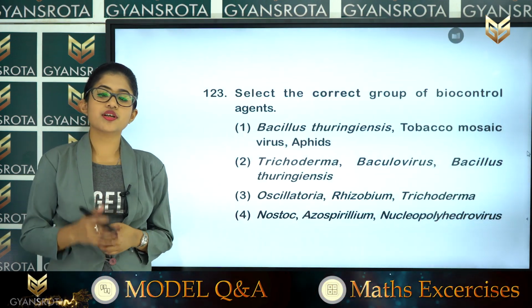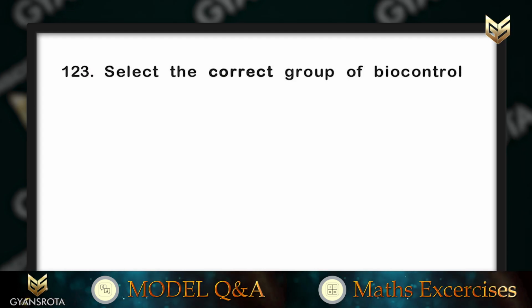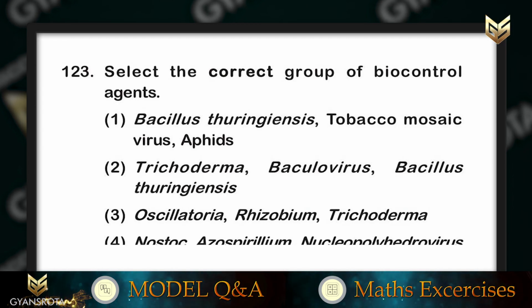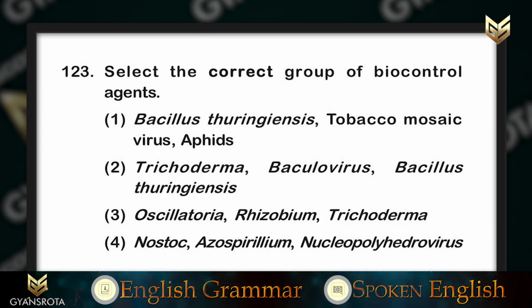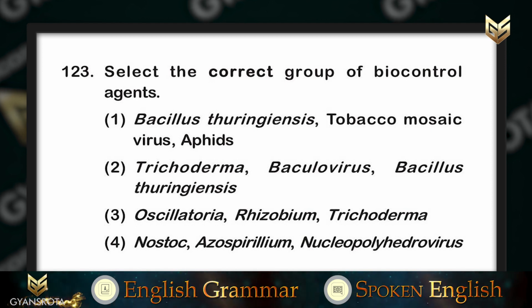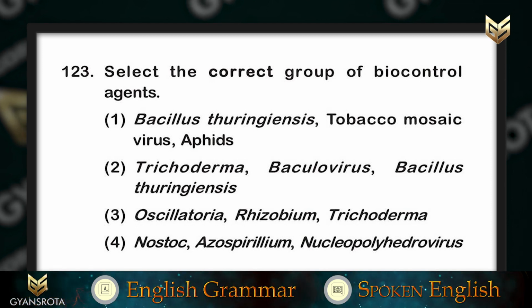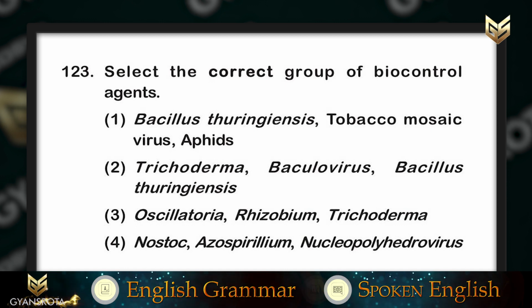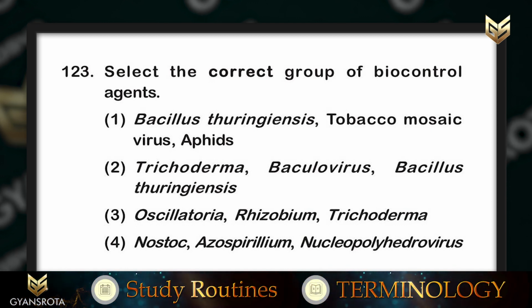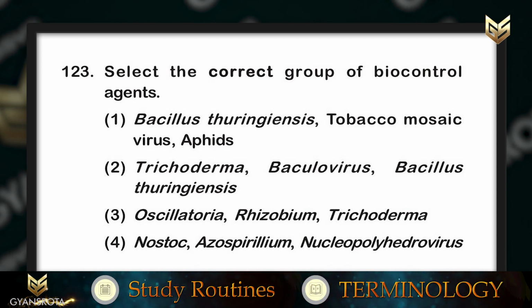In this question number 123, you have to select the correct group of biocontrol agents. First option is Bacillus thuringiensis, tobacco mosaic virus and aphids. Second option is Trichoderma, baculovirus, Bacillus thuringiensis.